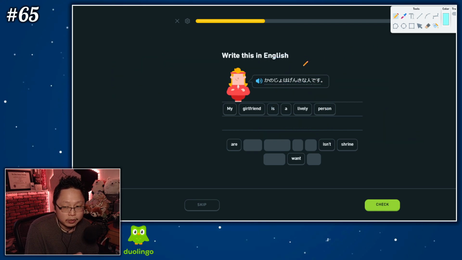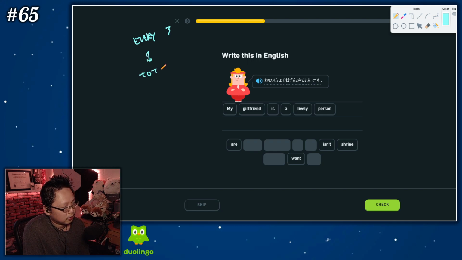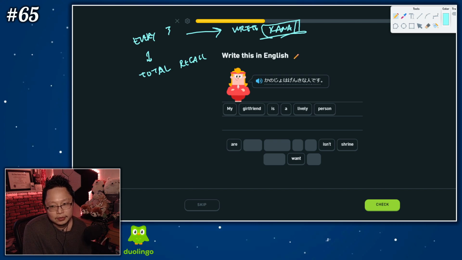And then I would worry about, what if I'm under practice? So every 3 days I do a total recall where I try. Today is one of those days where I attempt to write in kana, right? I use kana in writing, so I compensate by literally writing the things as opposed to using keyboard function.